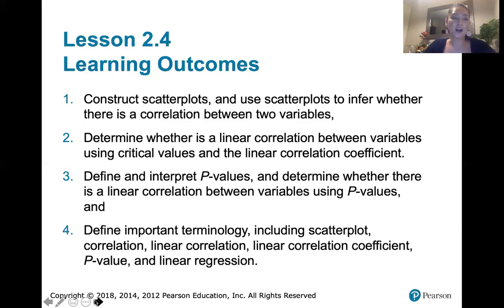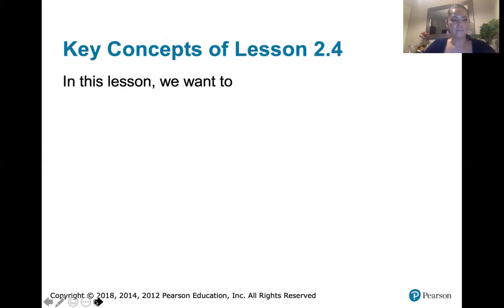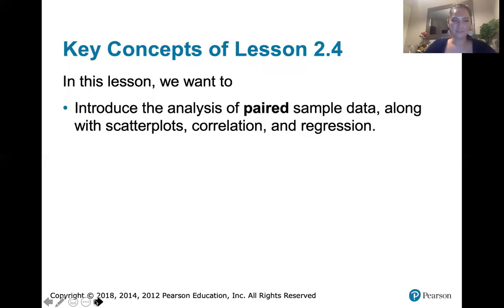Again, we're talking about all of these ideas in a qualitative way, just so that we have a sense of how we can construct these scatterplots and get some sense of whether or not there's a relationship between two variables. So the key concepts of this lesson are to introduce the analysis of paired sample data, along with scatterplots, correlation, and regression.